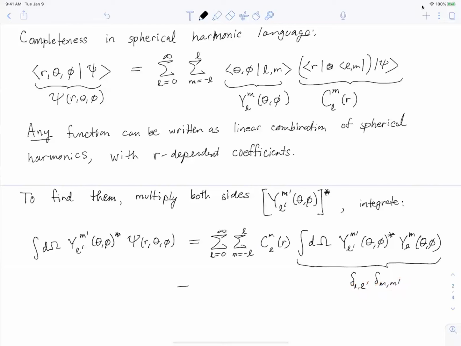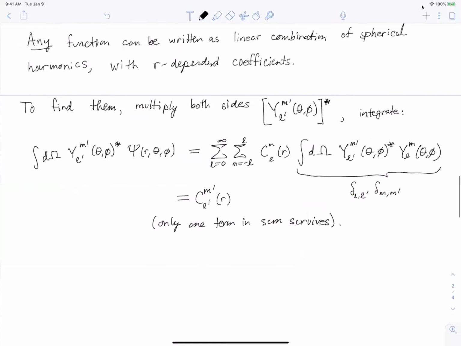So this is equal to C L prime M prime as a function of R. Okay, only one term in the sum survives. In fact, it's a double sum. All right, now having done that, just to be neat, we can rename what we originally called L prime as L, and what we originally called M prime as M.